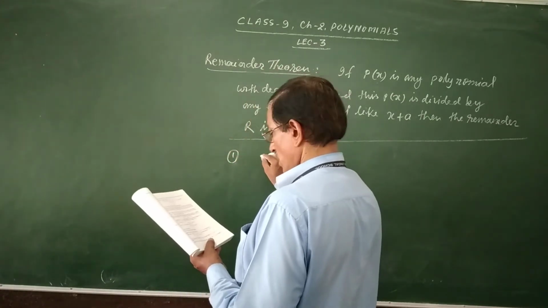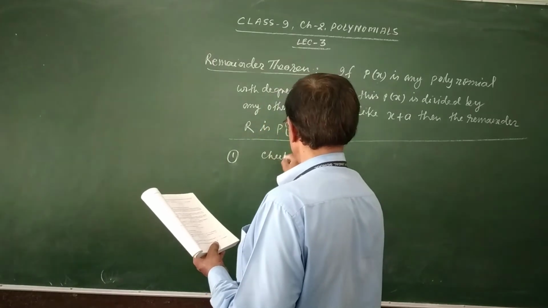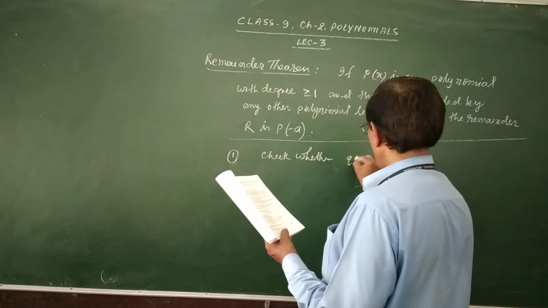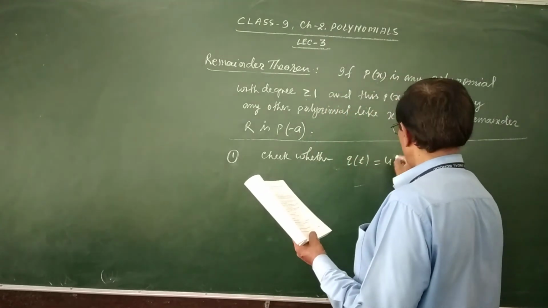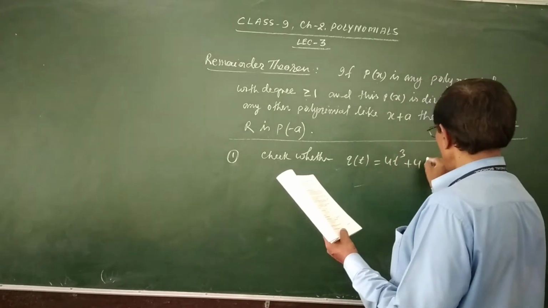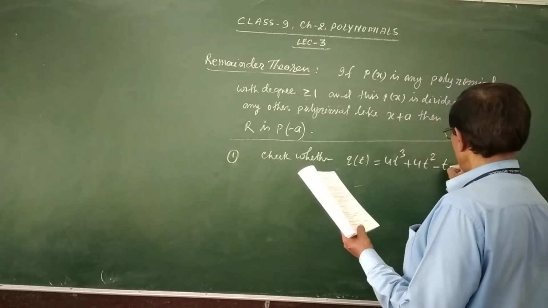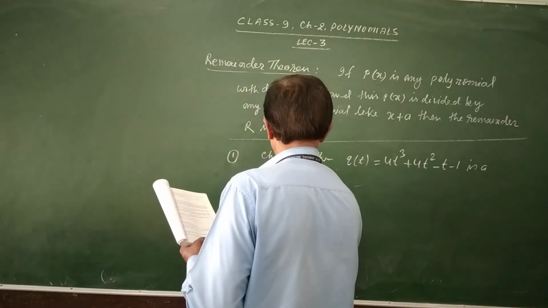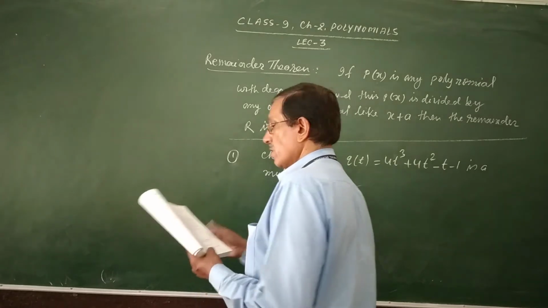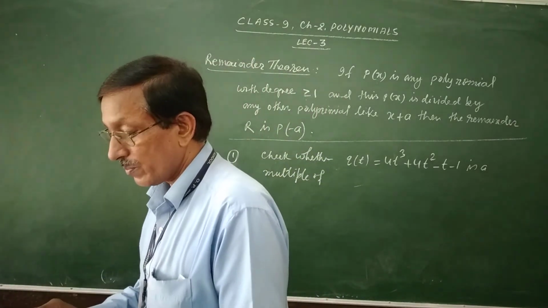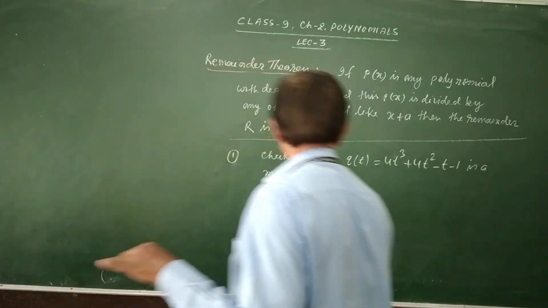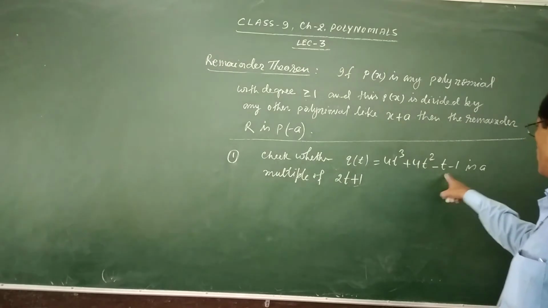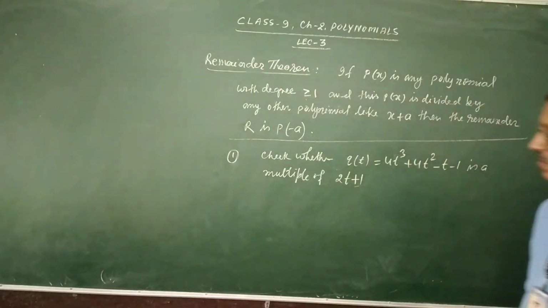We check whether q(t) equal to 4t³ plus 4t² minus t minus 1 is a multiple of 2t plus 1. The question is, check whether this polynomial is a multiple of 2t plus 1 or not.